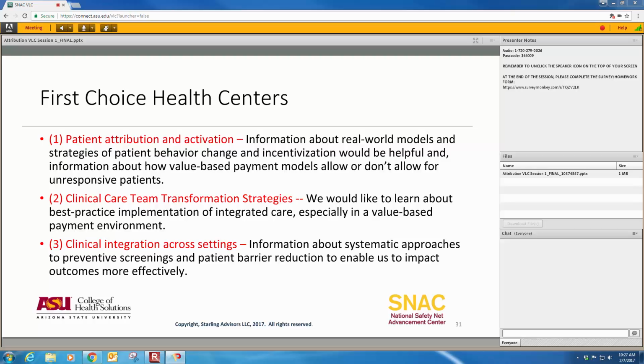project. Also, in terms of integration, we've been implementing strategies to tackle issues of integration related to chronic care management.